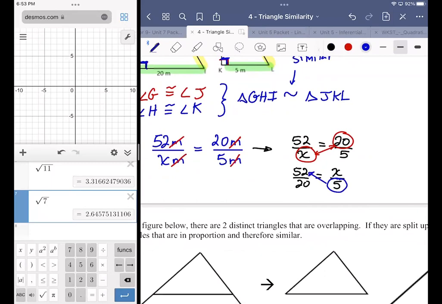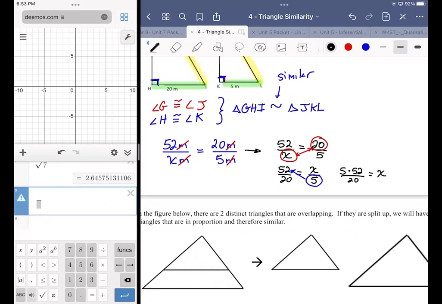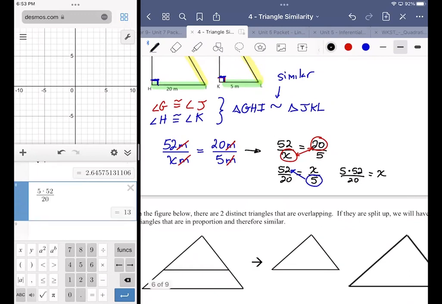That saves you a whole lot of algebra, because this is basically saying 5 times 52 over 20 is equal to X. So you can make a fraction out of that. In Desmos, 5 times 52, you have 20 on the bottom, and you get a result of 13. X is equal to 13.